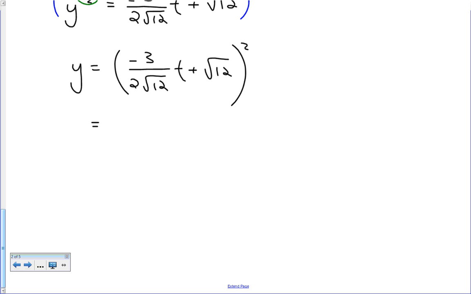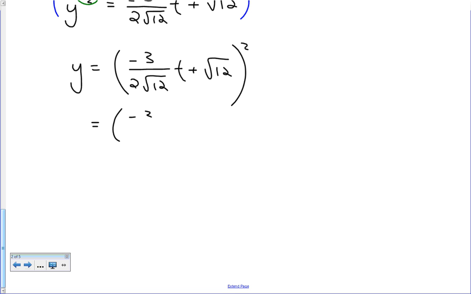That's 9 over 48, which we could simplify. Excuse me, 9 over 48 times t squared, plus 2 times the negative 3 over 2 square roots of 12 times the square root of 12. Thinking maybe I should actually just write this out here and worry about simplifying in the next step. Let me do that, just so we're clear on what we're doing.